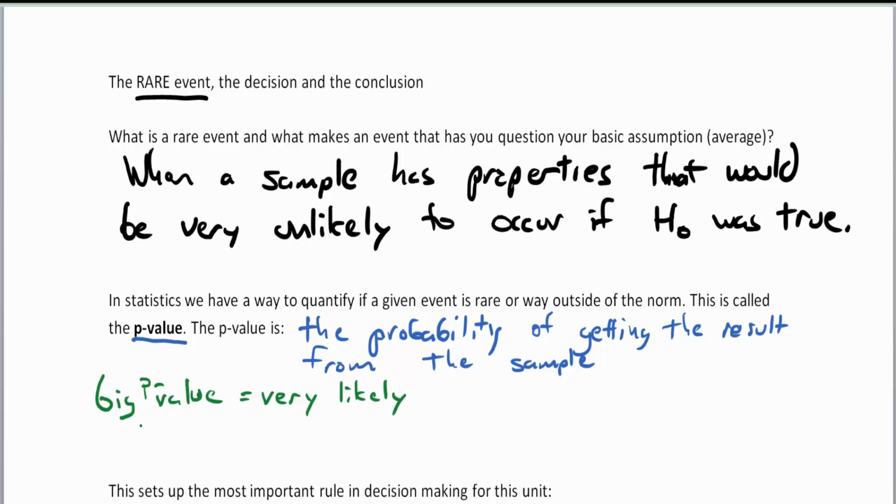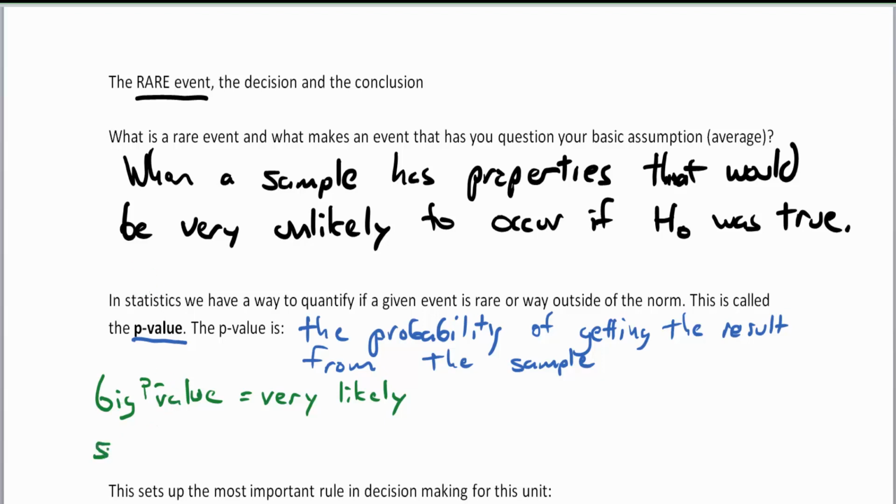Getting an average of 21 instead of 20 could be very likely because your sampling is going to have some fluctuation, so that is probably going to be a pretty big p-value.